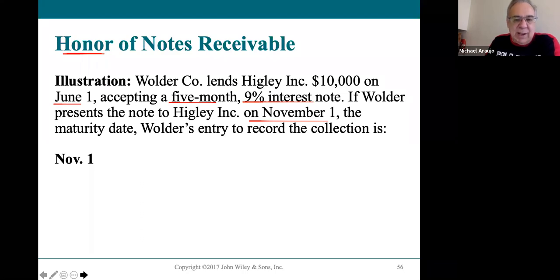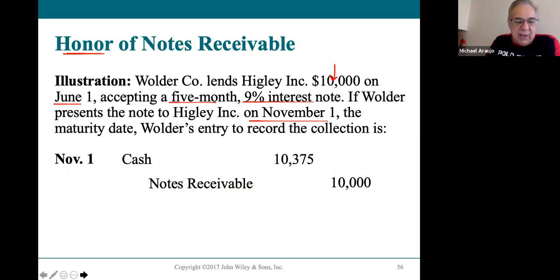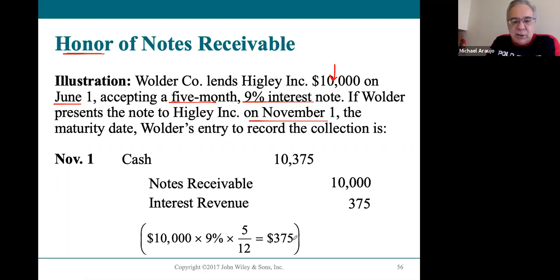Well, they're going to be collecting both the $10,000 note plus the interest on the note all on the same day. And so the cash amount is going to include the $375 of interest that the note has earned. So cash is $10,375. You have to know how to calculate that.